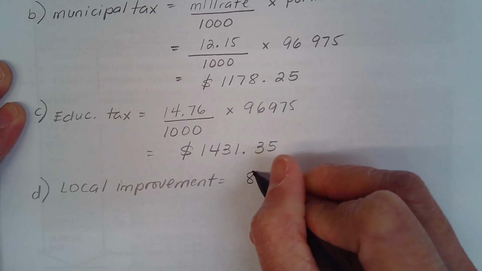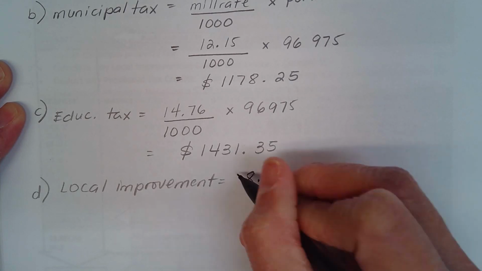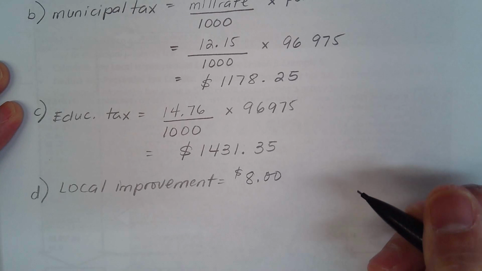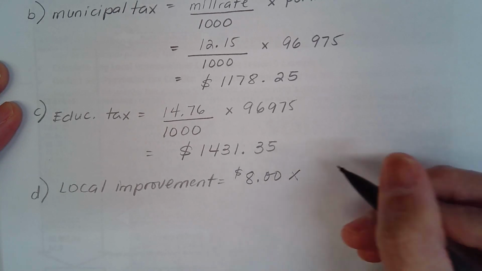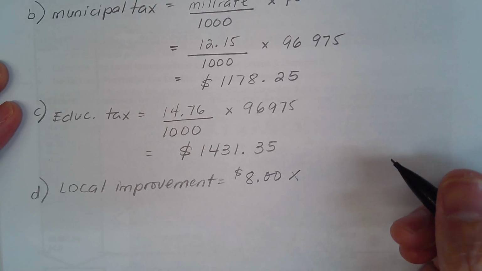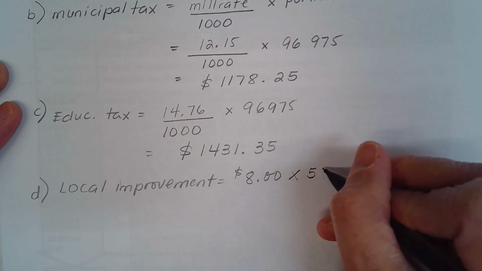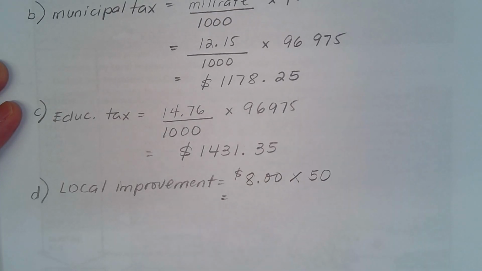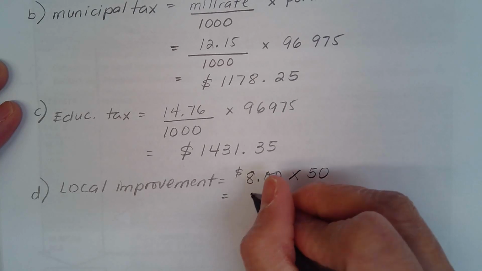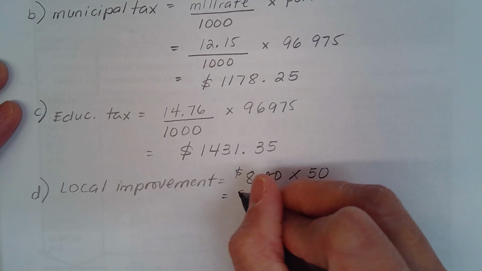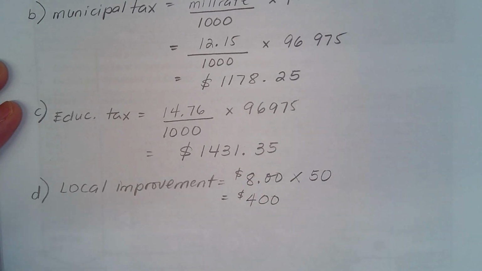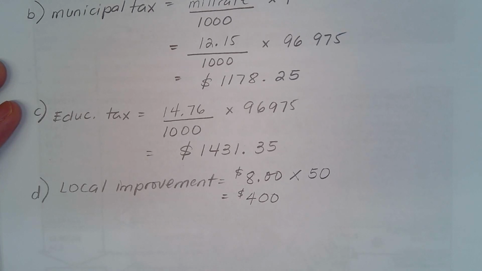It's going to be $8, and the local improvement is based on the frontage. So the frontage is 50 feet. So 8 times 50, so that's $400.